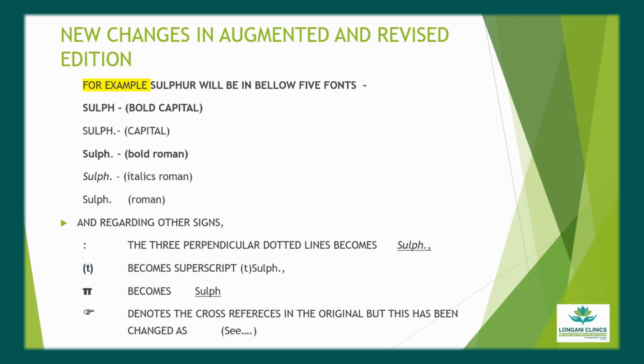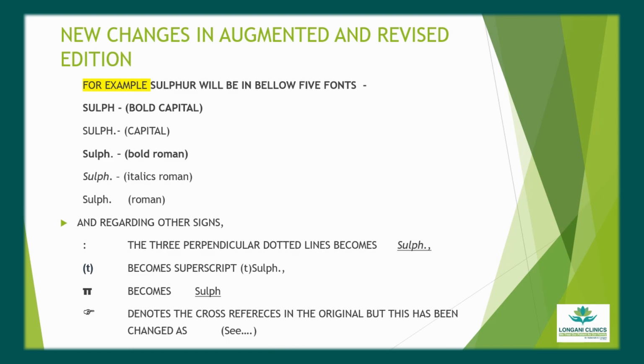And regarding other signs, the three perpendicular lines became Sulphur underlined in italics. T became superscript T Sulphur. Pi became Sulphur underlined in ordinary print.